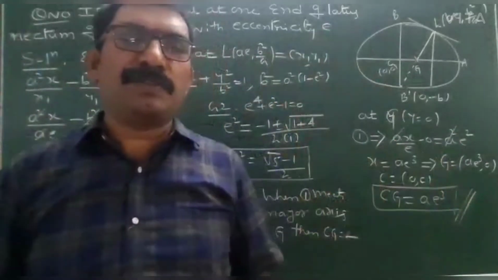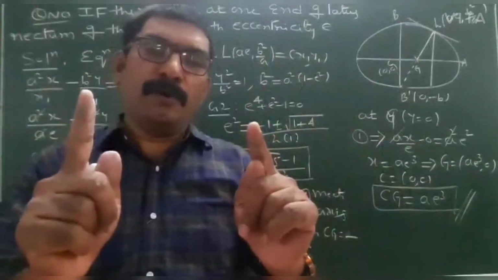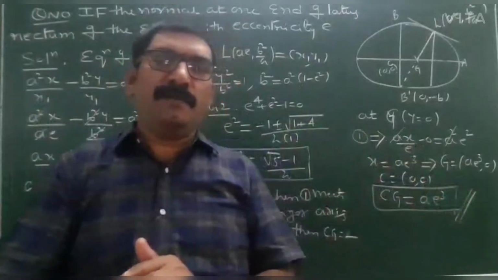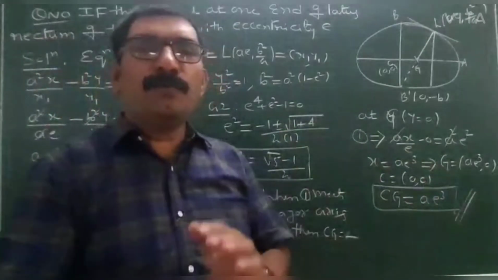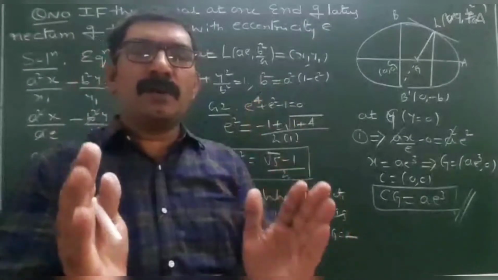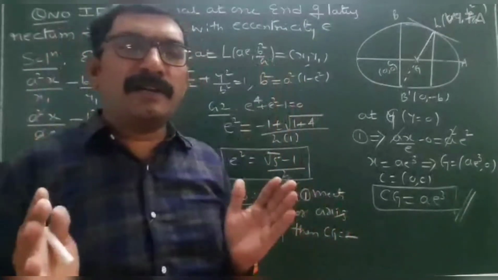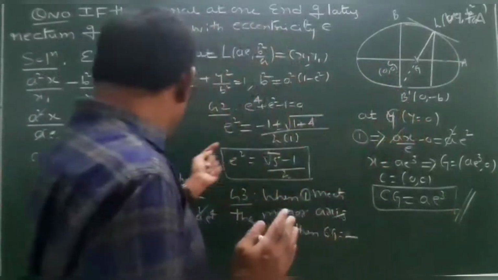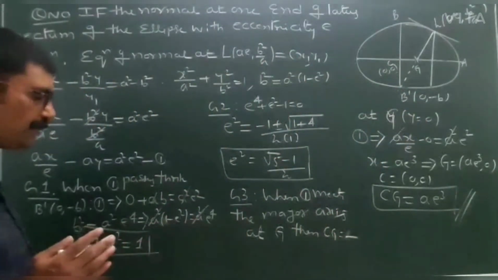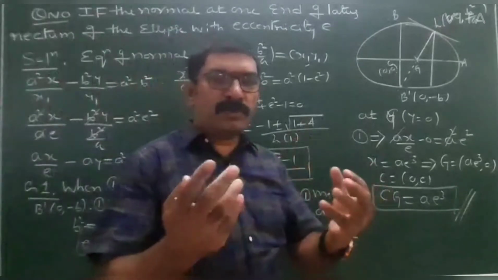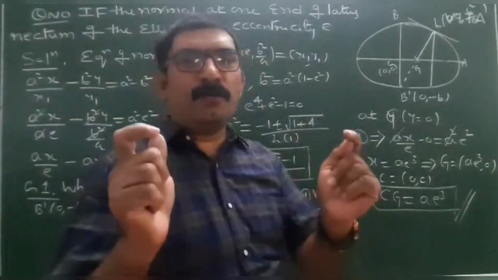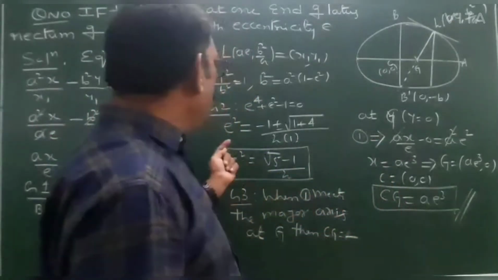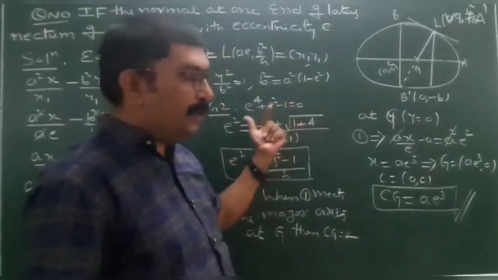Yes, these are the discussions and arguments on one problem. It can be taken as one of the simplest passages for the advanced exam. So whenever the normal drawn at one end of the latus rectum passes through one end of the minor axis, this is the condition: e⁴ + e² = 1.